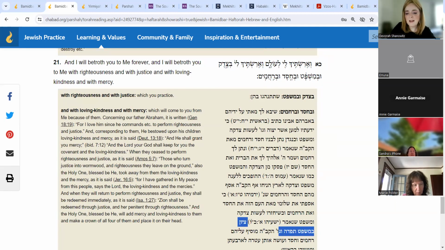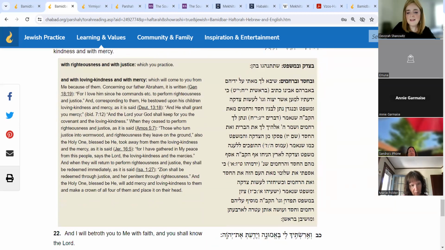Tzion b'mishpat tipada v'gaimer, which is that Zion shall be redeemed through justice. Okay, and he says v'gaimer, which means etc. But the verse is Tzion b'mishpat tipada v'shaveha b'tzedakah. It's not written here.